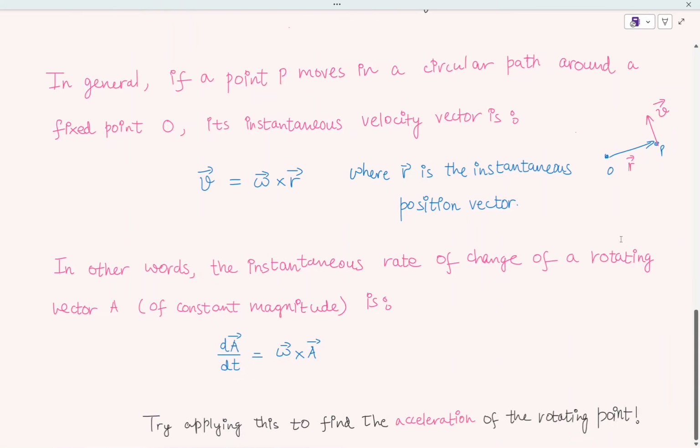So in other words, the instantaneous rate of change of a rotating vector A of a constant magnitude can also be written like this.